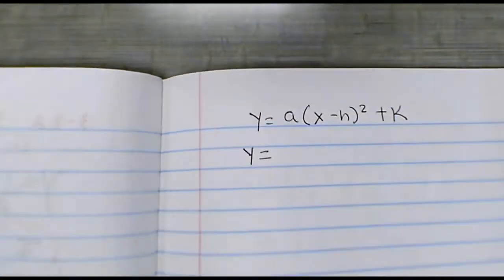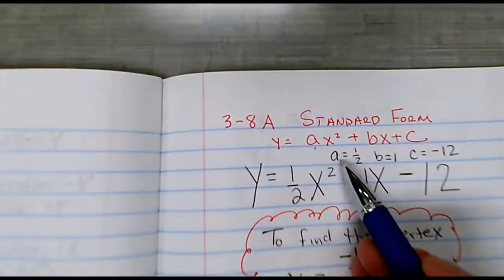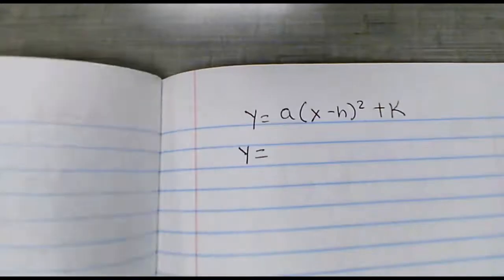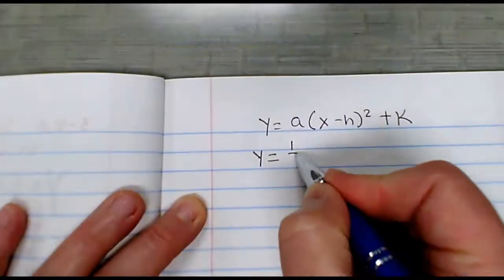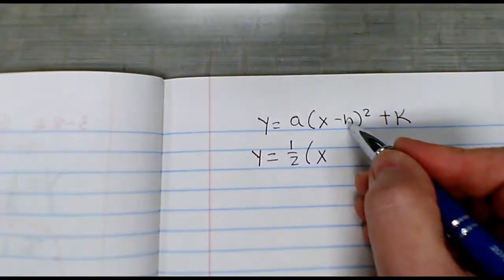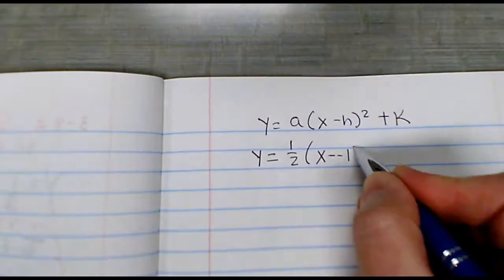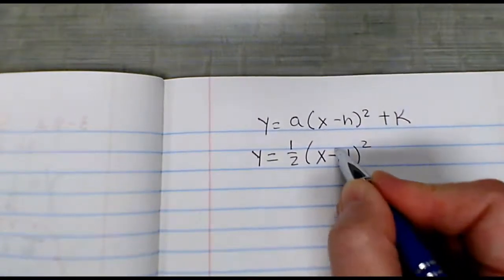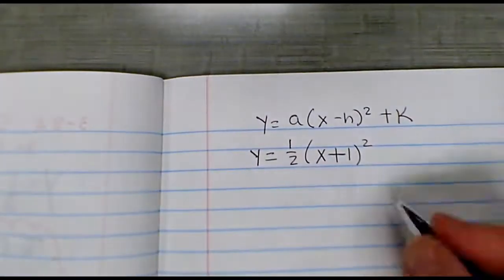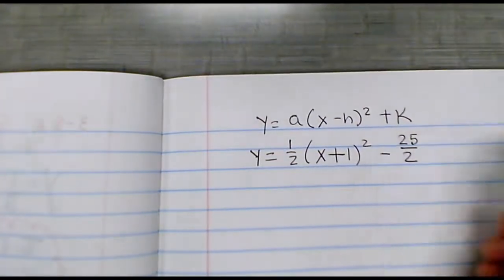The a in standard form is the same a over here in vertex form. And that is a minus from the formula and a minus a 1. And so minus a minus makes a plus. And this stays minus.